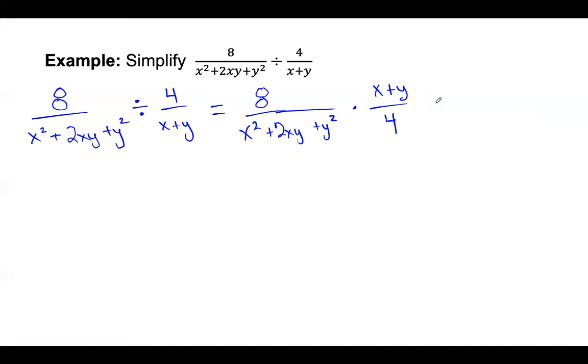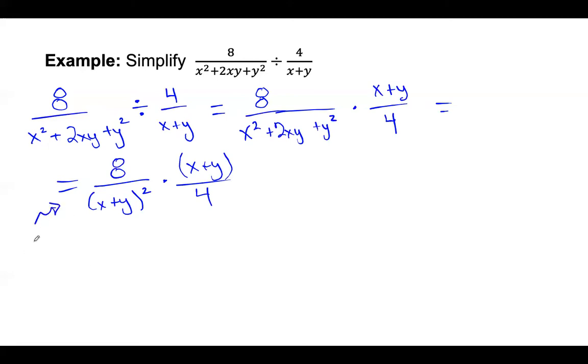So the denominator here, it's an identity that we've seen. The first identity.